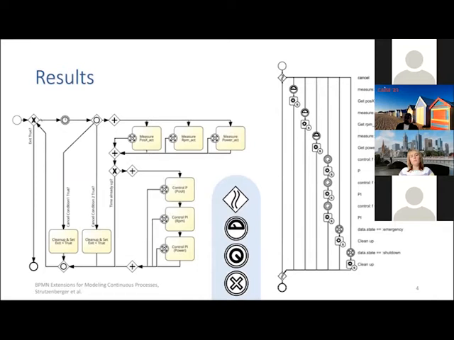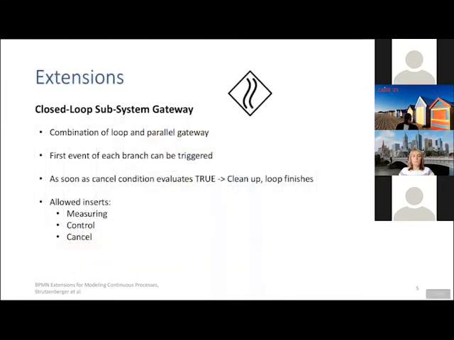Here, as an example, you see a control process for drives of a machine tool on the left with regular BPMN, but also with fewer details, and on the right with our suggested extensions, but with more details. Among the extensions, we have the closed loop subsystem gateway, which is a combination of a loop and a parallel gateway.